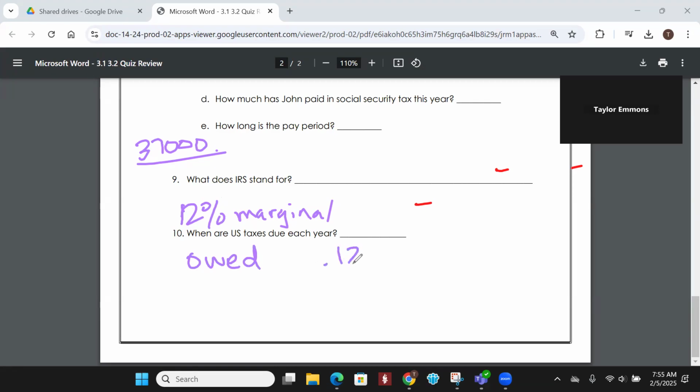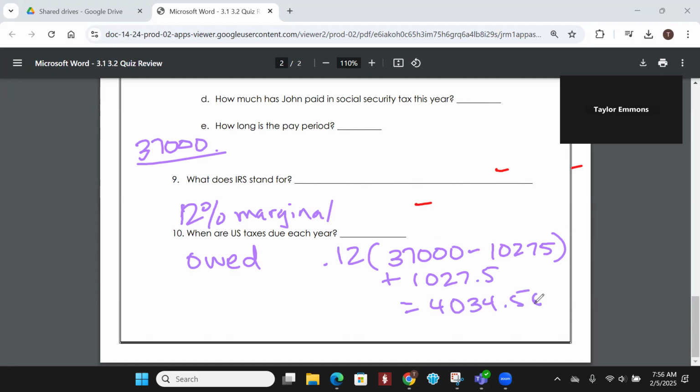So we're gonna take 0.12, multiply it by 37,000 minus how much? 22,275? All right, plus how much? 1,027.5. Okay, you type that into your calculator, how much? 4,234.5.